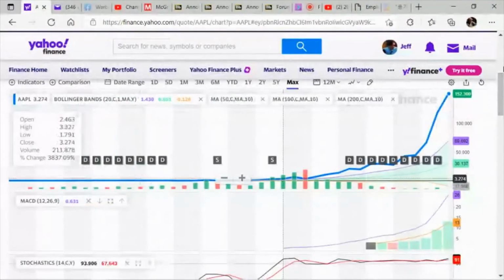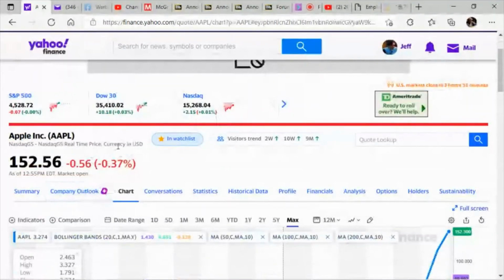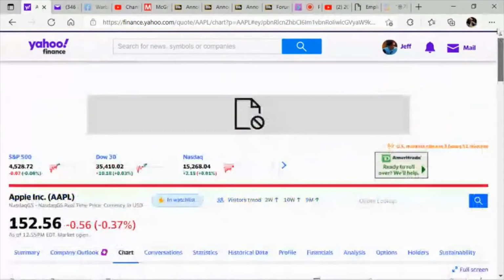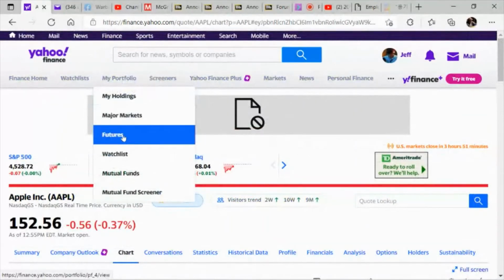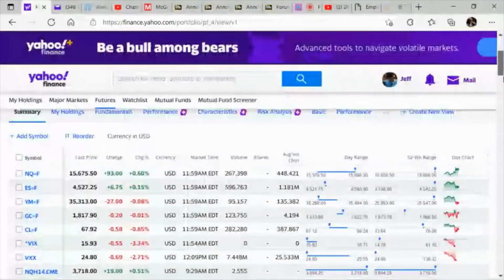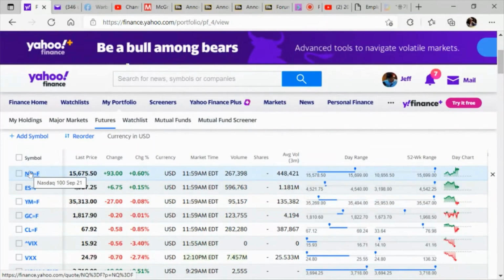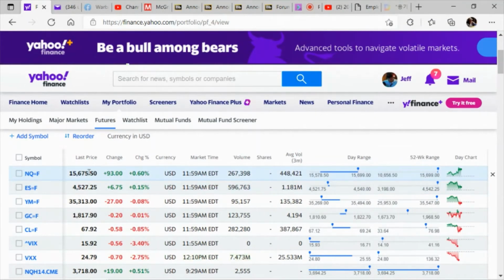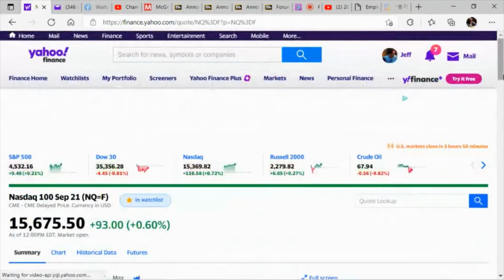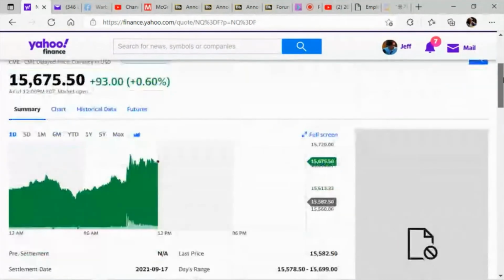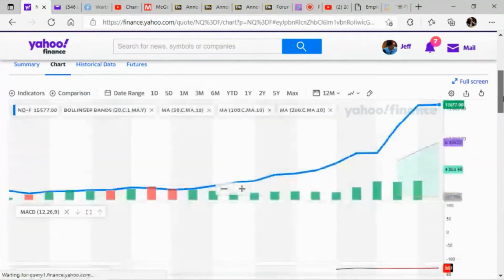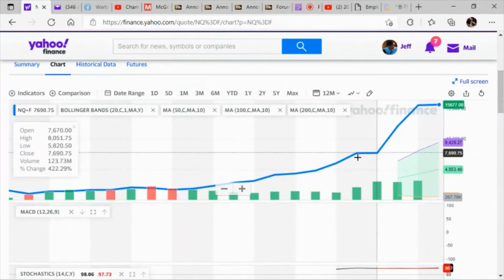So if I go to futures, this is NASDAQ and S&P 500. Let's just check NASDAQ today. Futures are up 0.6%.